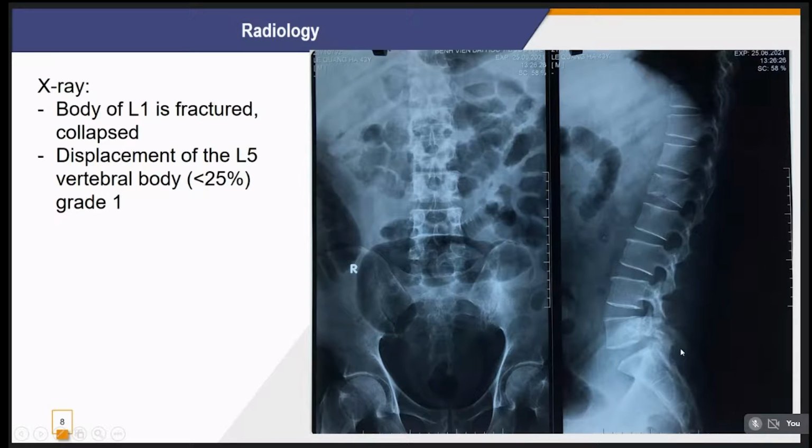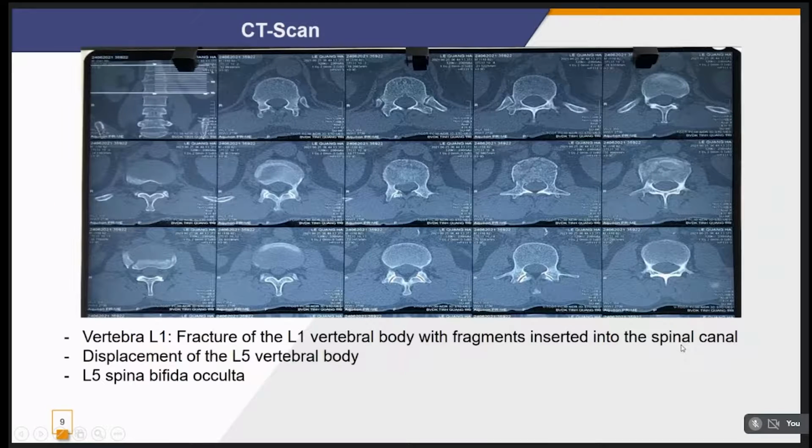So it's clear. We go to the CT scan. In the axial bone window, it's clear to see that the L1 vertebra is fractured, with a fragment inserted into the spinal canal.